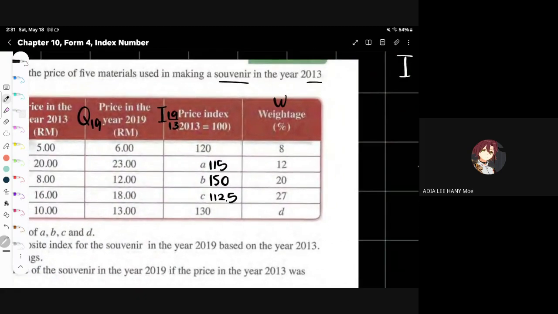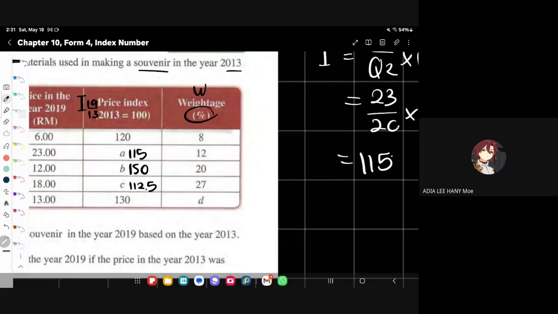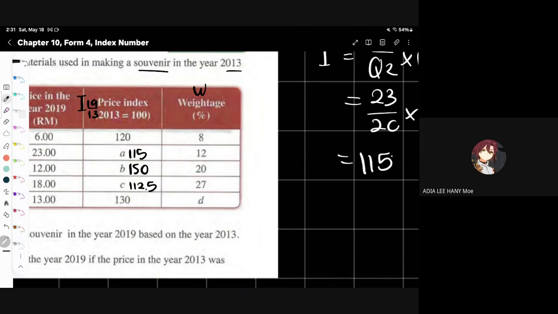And then where's the D? It is here, right? So can someone tell me what's the value of D here? Remember, weightage is percentage. So what's the percentage should be? 100%, right? So if you were to add up all of these, it should be equal to 100.